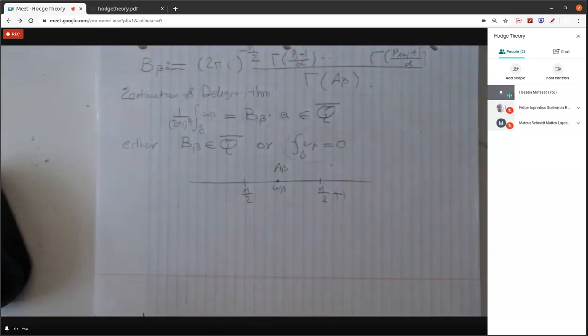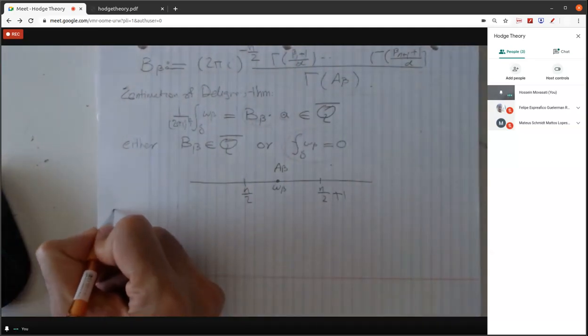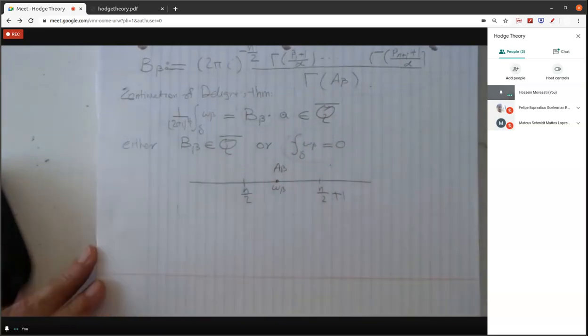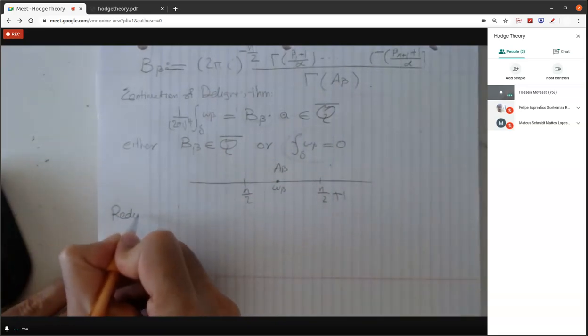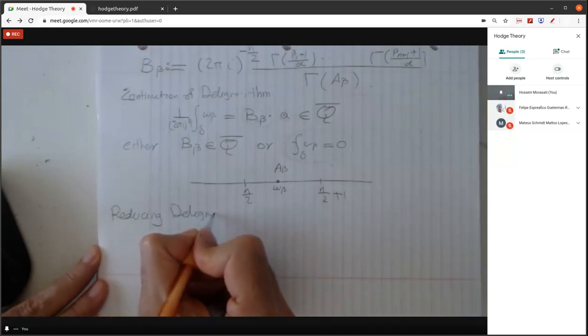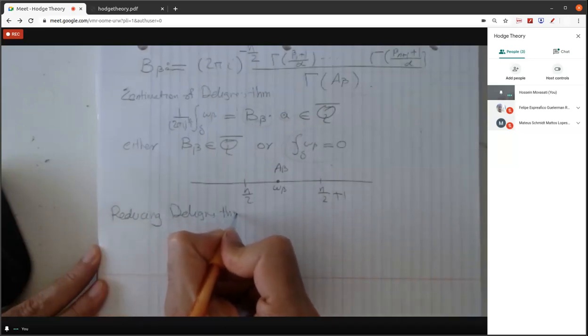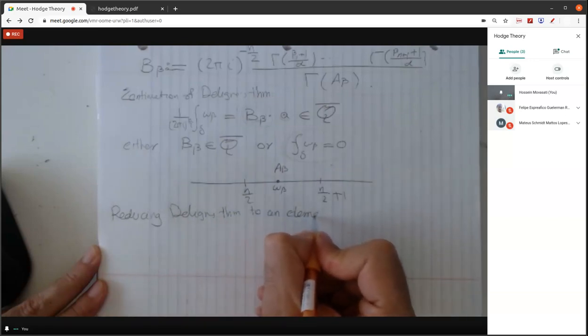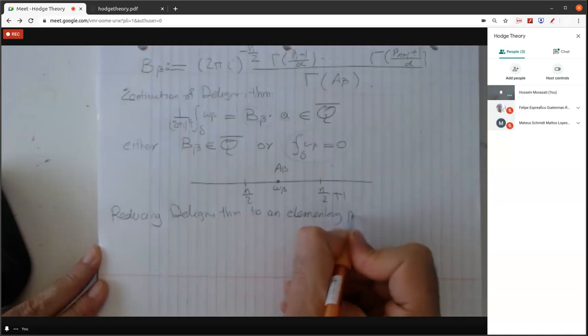Okay, so let me proof, reducing Berlin's theorem to an elementary problem.